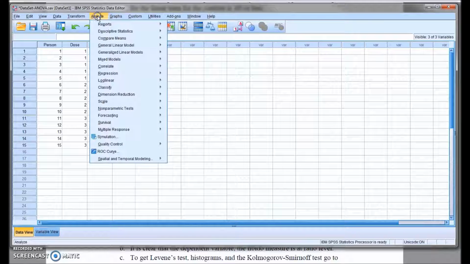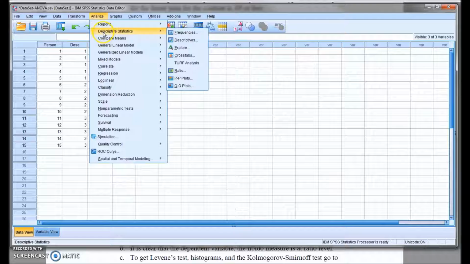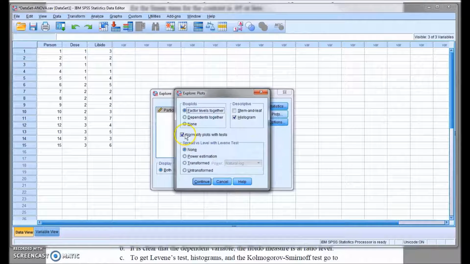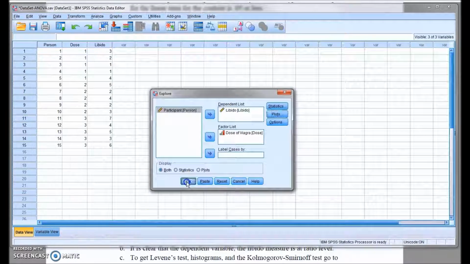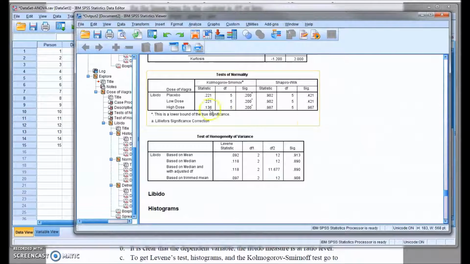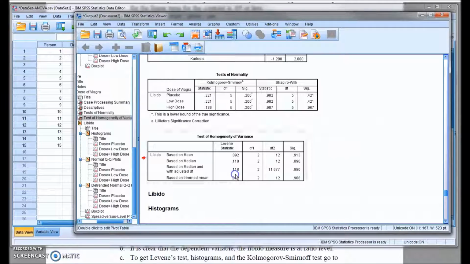To do Levene's test, I go back to Analyze, Explore. Under plots, normality, I choose untransformed and say continue. My KS one was here, and here is my homogeneity of variances. Here I look based on the mean, because it is a scale value.